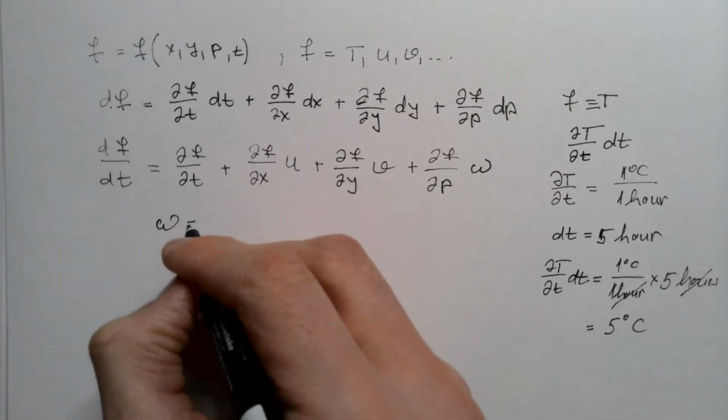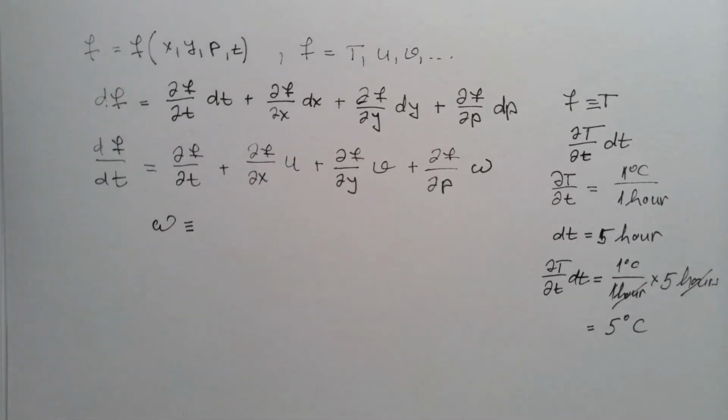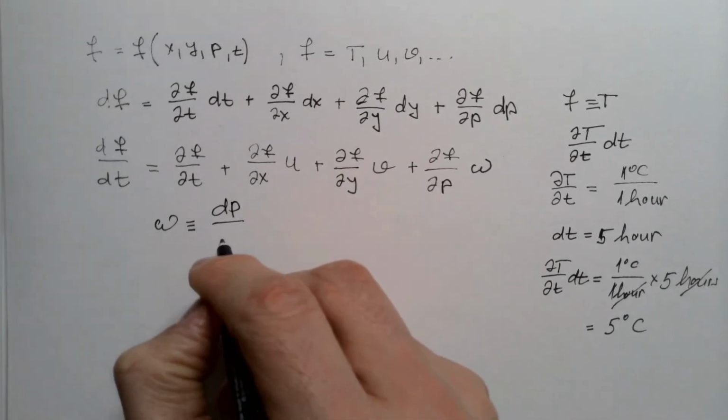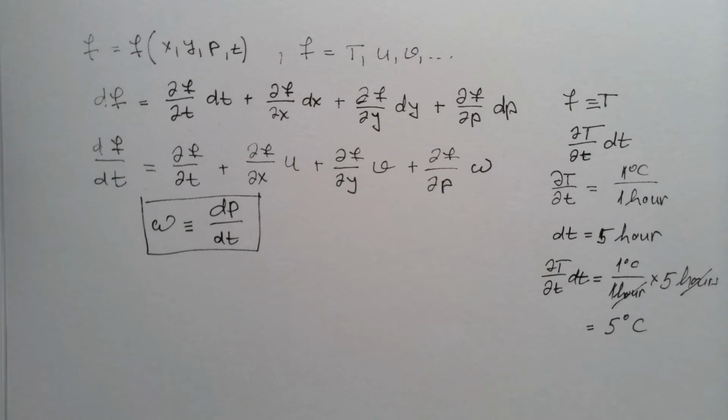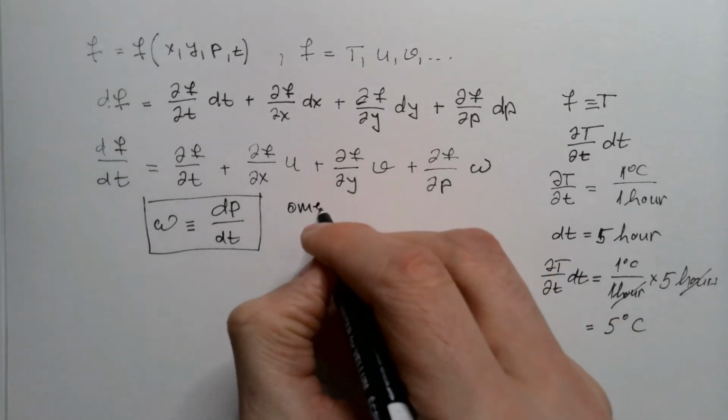And omega by definition is equal dp/dt. And this is called omega vertical motion.